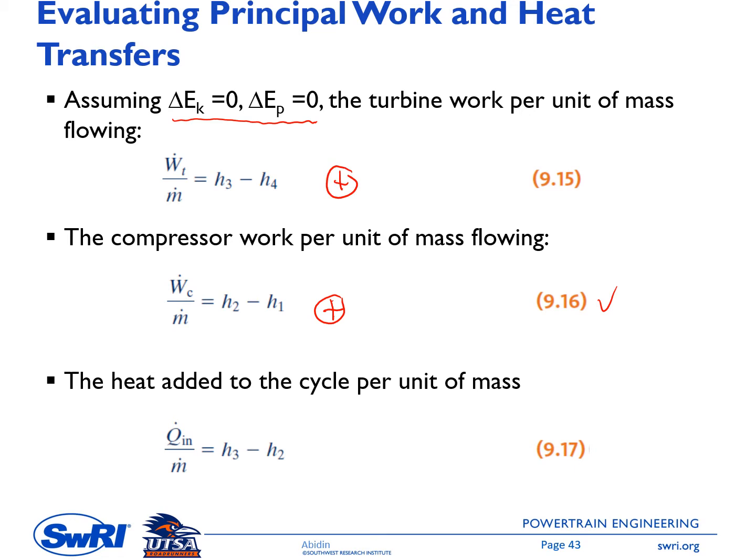Okay, and then the heat added to the cycle per unit of mass, equation 9.17, this is H3 minus H2. So this is the enthalpy at the exit of the heat exchanger, or at the entrance of the turbine, minus the enthalpy at the entrance of the heat exchanger.